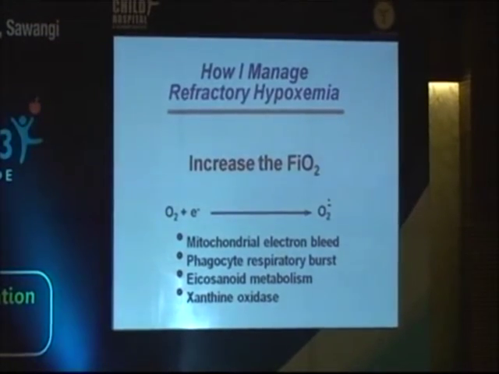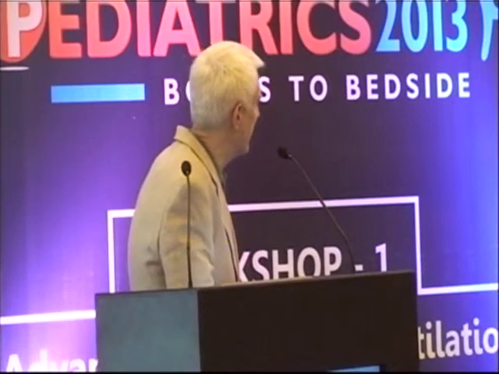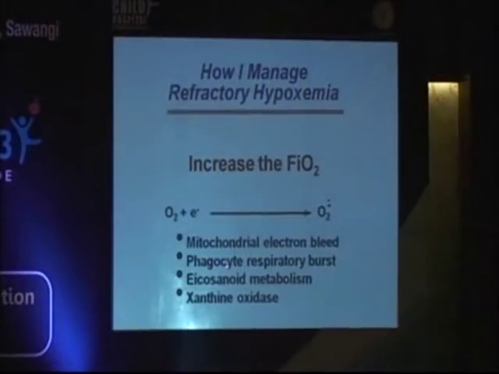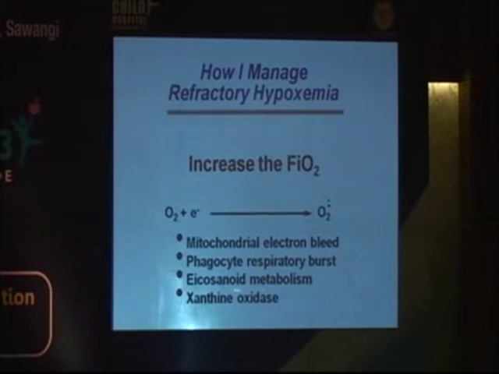And this occurs at a number of places biochemically, in the mitochondria, in the phagocytic respiratory burst, in the process of metabolism of eicosanoids, and in ischemia reperfusion reactions. So use oxygen, but if you can wean it to get it to a lower concentration, do that as soon as possible. On the other hand, avoid 100% oxygen.